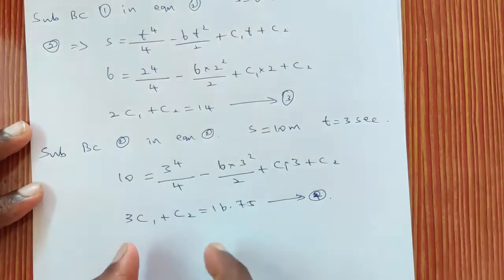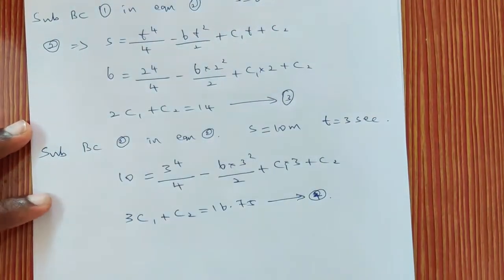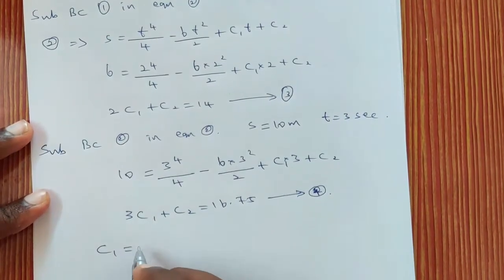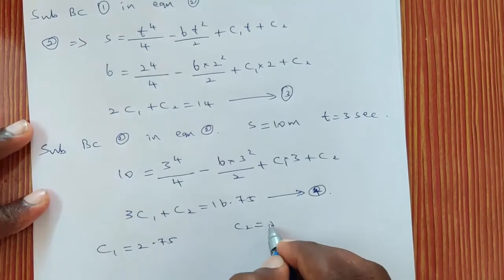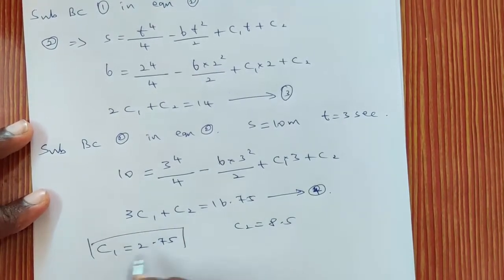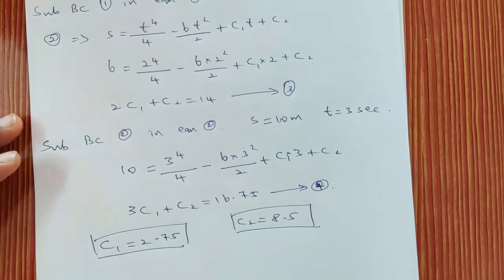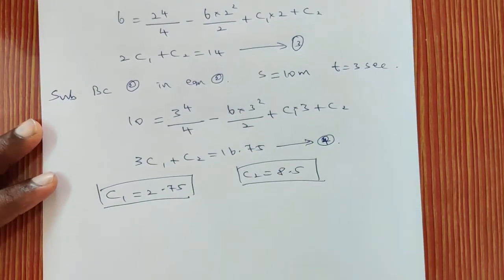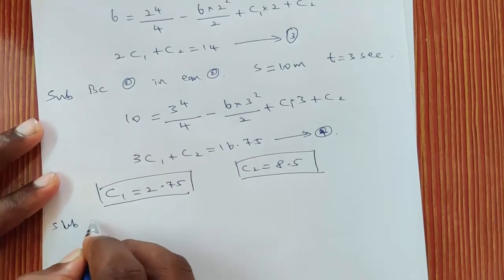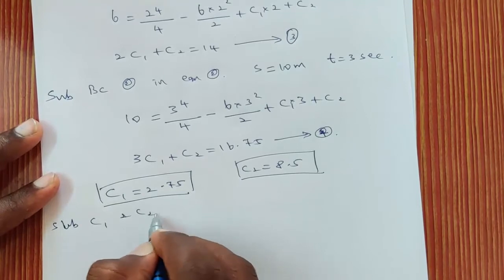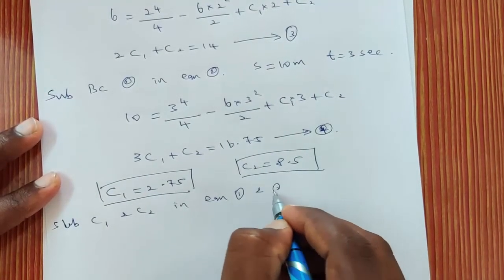Now we have two equations and two unknowns. If you solve these two equations, then we will get c1 = 2.75 and c2 = 8.5. So now we can substitute the values of c1 and c2 in the displacement and velocity equations. Substitute c1 and c2 in equations 1 and 2.